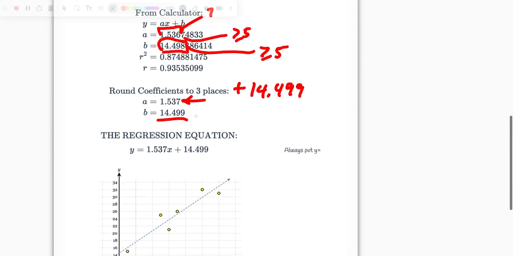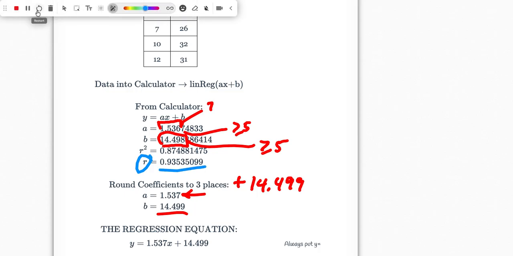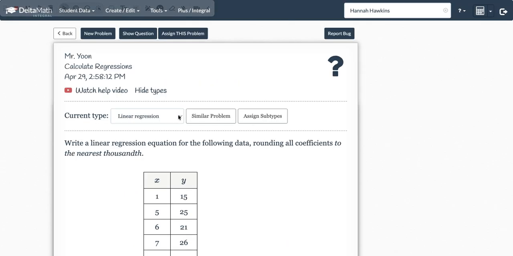But how well, that is called the correlation coefficient, and we're going to be looking at this number in a little bit. But first, let's look at 2 other types of regressions. This next type is called quadratic. So it's not a line, it's not going to be slope intercept form.